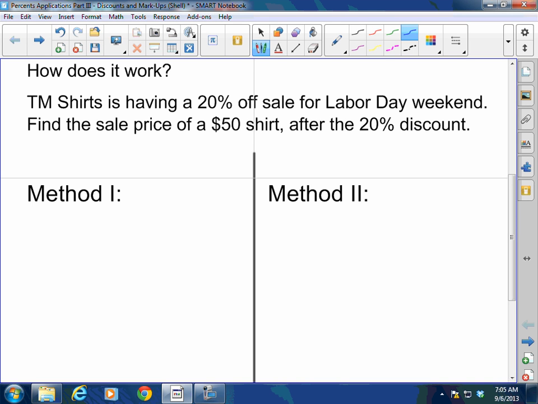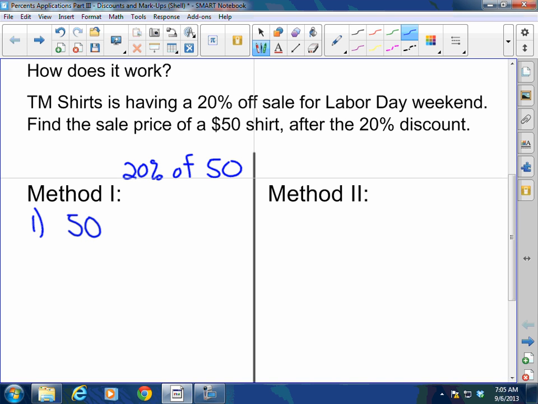The price of the shirt is $50. So step one, you have $50, and you have to take 20% off. So that means you have to find 20% of $50 and subtract that value away from the $50. So 20% of $50, remember how we set this up.